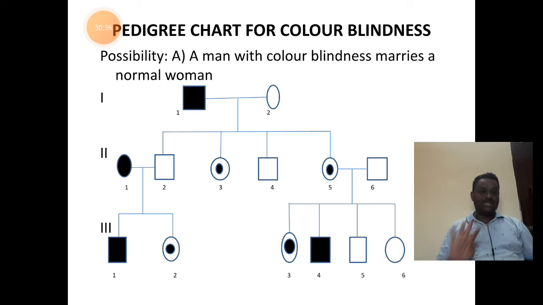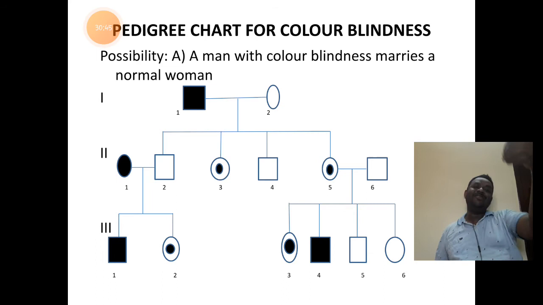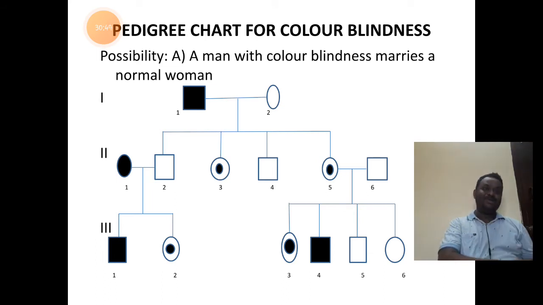They have 4 children. 2 female individuals are carriers, and male individuals are normal. So an affected father cannot transmit the character to the son directly, but it will be transmitted to their daughters, who are carriers. Now towards the extreme right side you will have to concentrate.